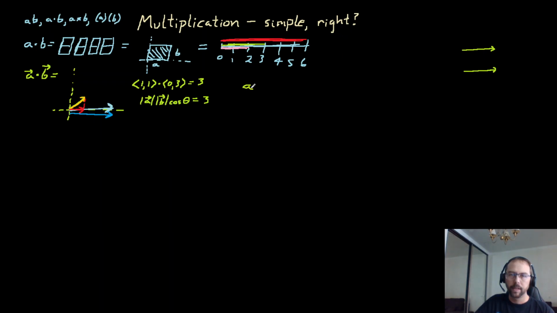So we have A cross B, and so in this case we have the 3D plane, so that this would be X, Y, Z. So let's say that A extends like this in the XY plane. And let's say that B extends like this in the XY plane.